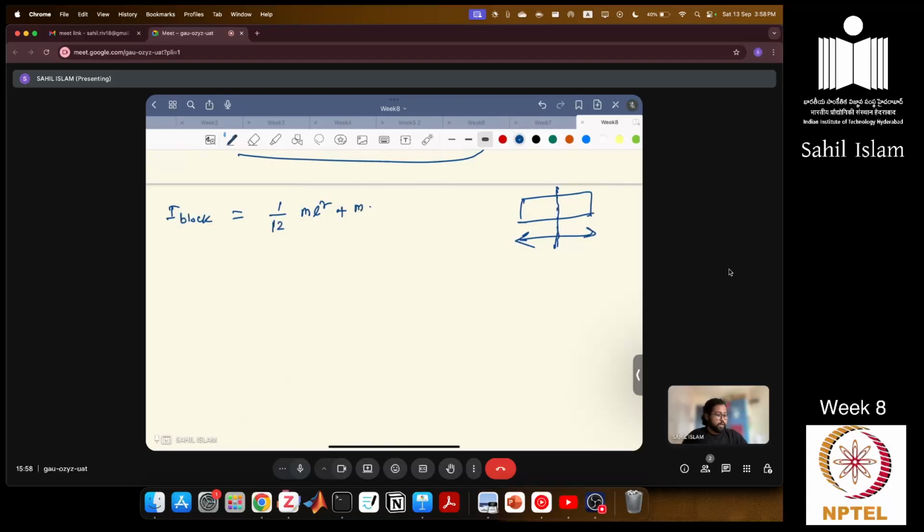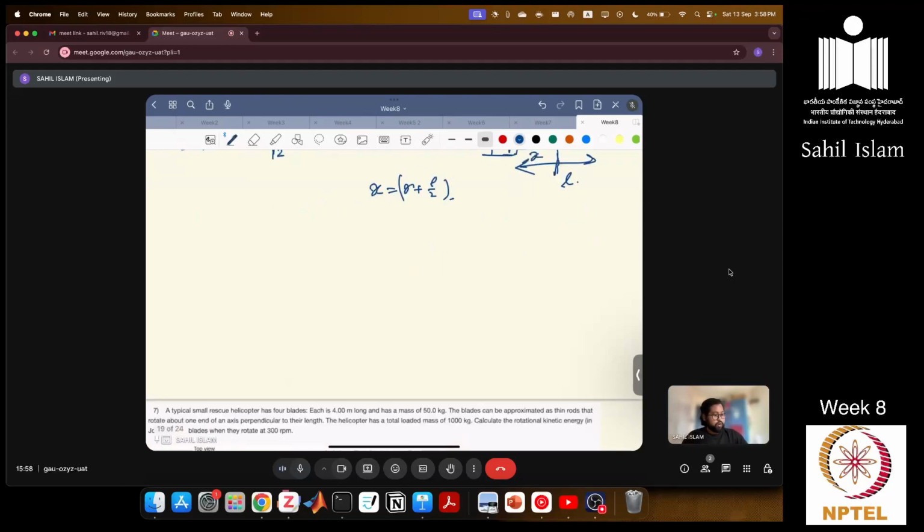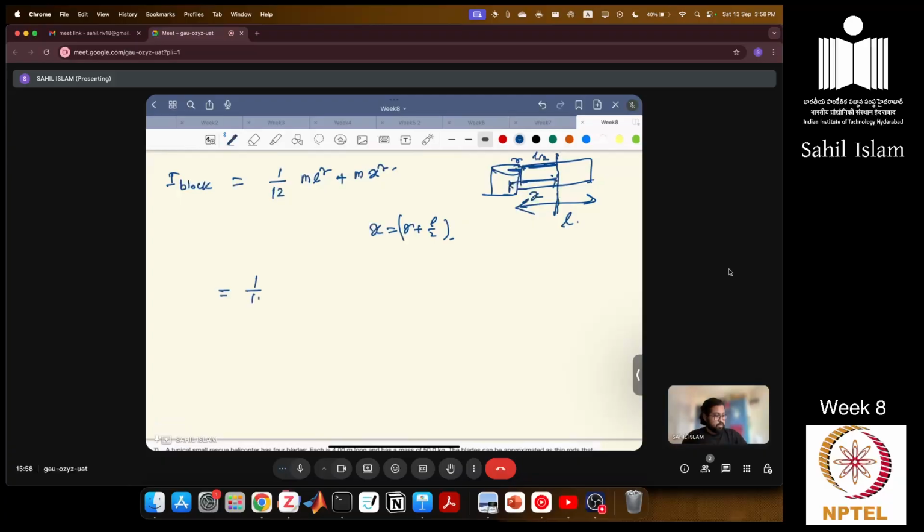So m x square, where this is x. What is x? The whole length is L, so this much is L by 2, and there is the radius r, so x is r plus L by 2. So 1 by 12 m L square plus m times r plus L by 2 whole square.